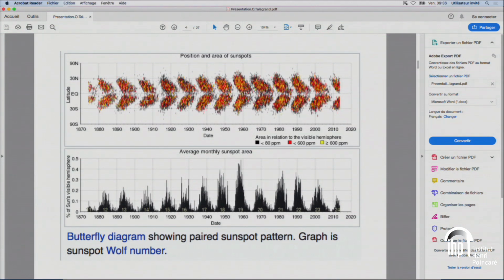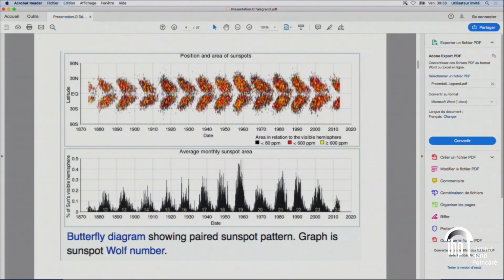And the number of sunspots also varies, and it is represented by a normalized number called the Wolf number. And you see that the number of spots varies very much. In cycle 19, there were many spots, and in cycle 24, the one which is finishing now, the number of spots has been rather small.